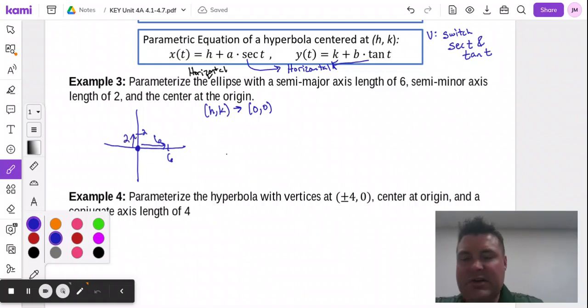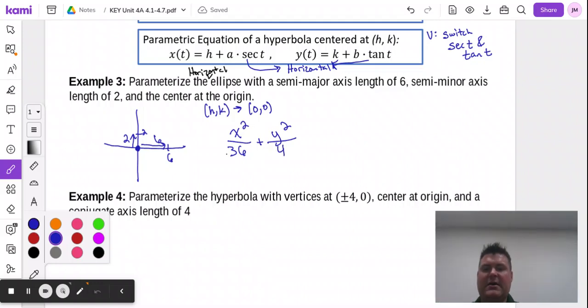That gives me the equation of x squared over 36 plus y squared over 4, because I'm taking 6 squaring it, 2 squaring it. So now let's go ahead and write this out as parametric equations over here.